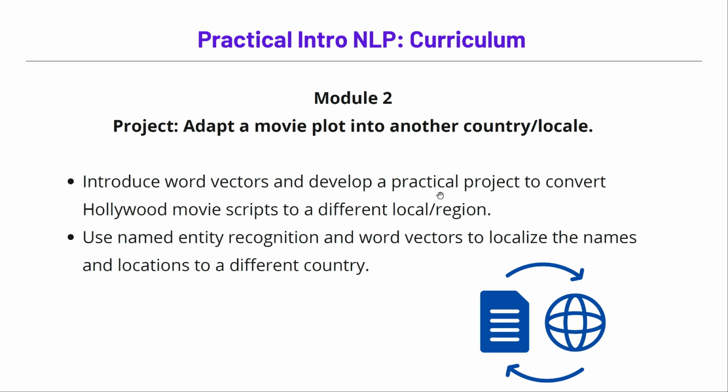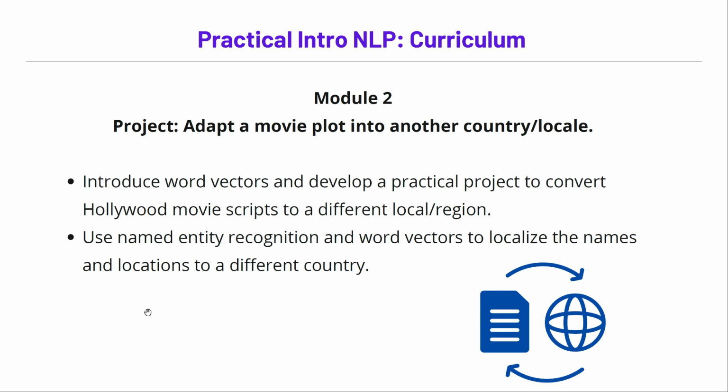So you need to do something called localization, which is changing all the places. If Los Angeles is mentioned, perhaps you want to use Delhi or Mumbai. Similarly, if you're dubbing it into another region, maybe China, you need to use similar places like Shanghai or something like that.